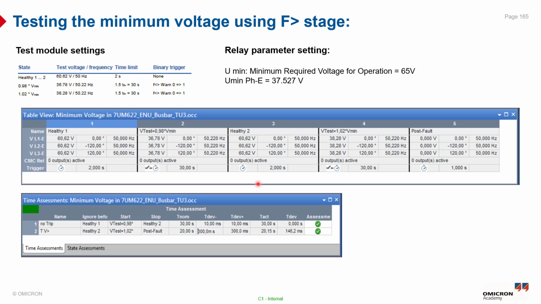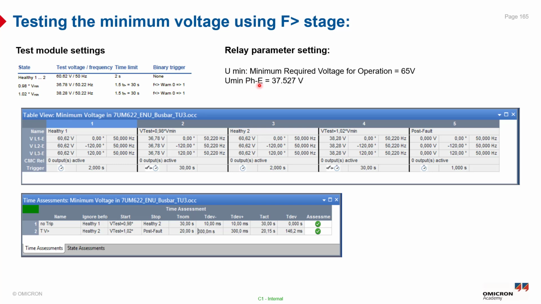Finally, to properly assess the relay operation and trip times, the corresponding test report should be defined in the measurement view, as you can see. State number 1 will be healthy, and state number 3 will be healthy with nominal frequency and nominal voltage. We have this value, which is available in the Siemens relay 7UM parameter settings, equal to 65 volts.